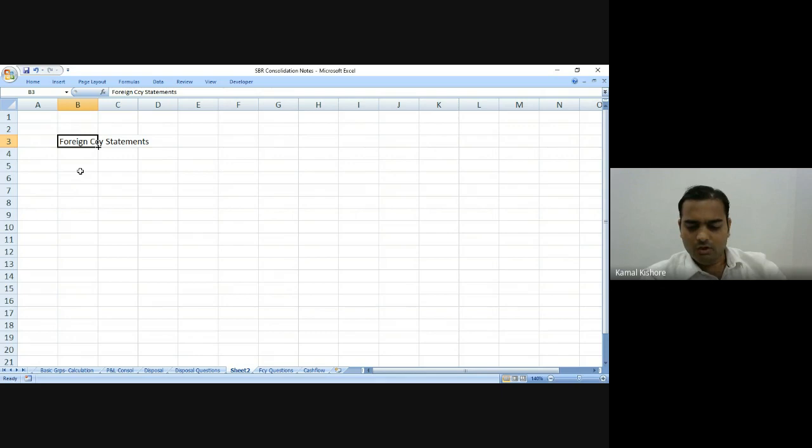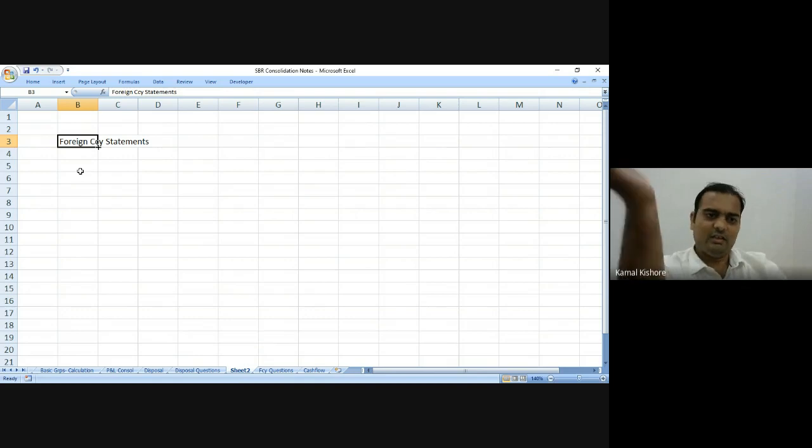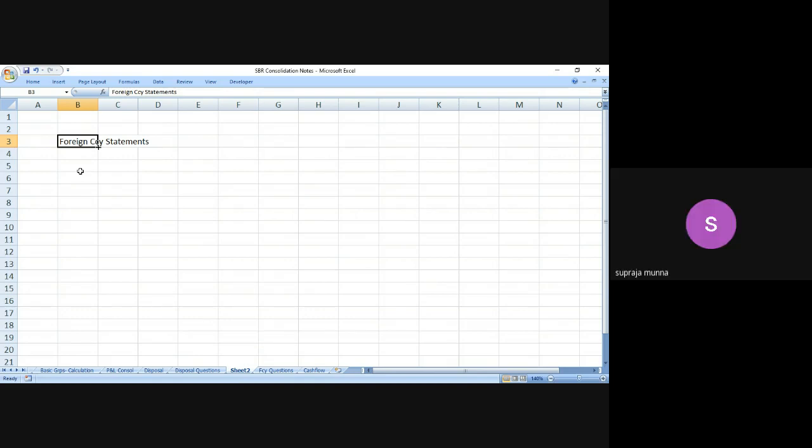So first we have to consolidate, right? Because it is a subsidiary. But they are in different currency. We are in different currency. So what should we do? We'll convert that into our reporting currency. Their reporting currency is GBP, no? No, to our reporting currency when we are reporting, consolidating it.